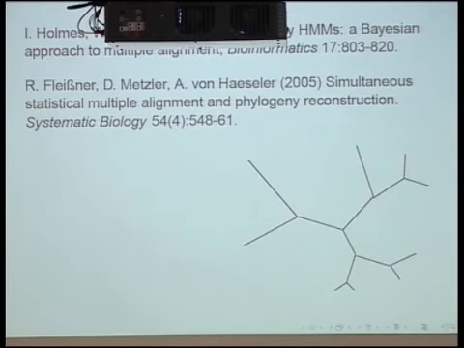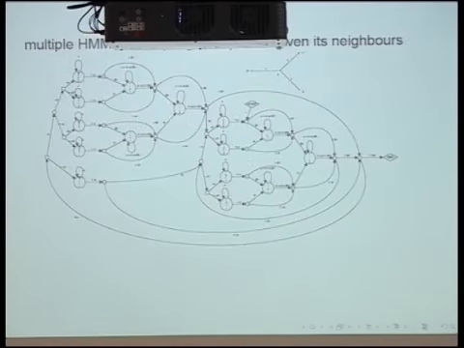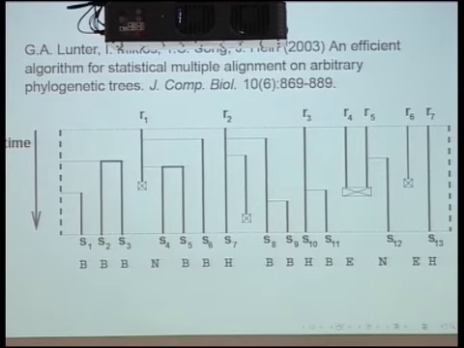And this involves, for example, re-estimating also the sequences at internal nodes given the alignments of the neighboring sequences, and there are a lot of sort of multiple hidden Markov models around, and this is just a slightly scary picture of such a model which is involved in that. But in fact, Lunter, Miklos, Song, and Hein from Oxford have found a much nicer and much more systematic way to analyze these models, which are these models along with the tree evolution for these hidden Markov models.